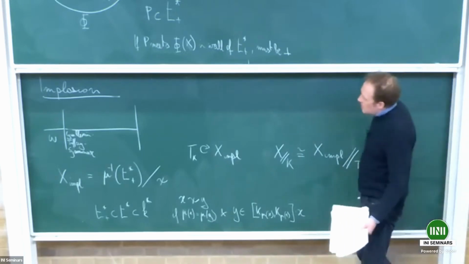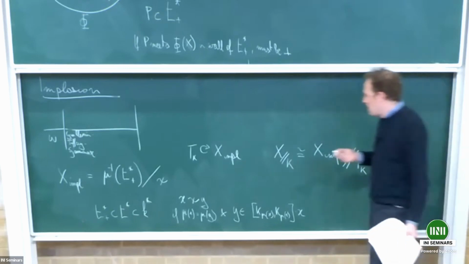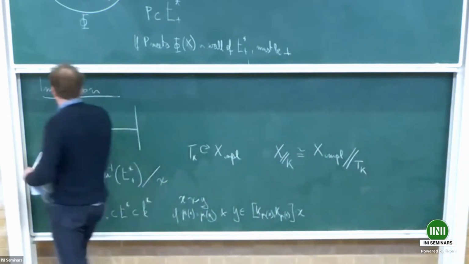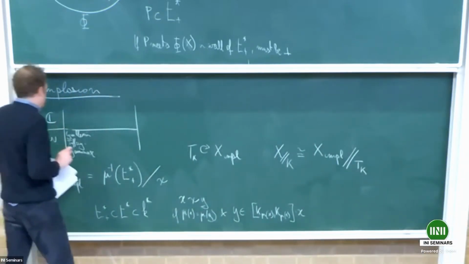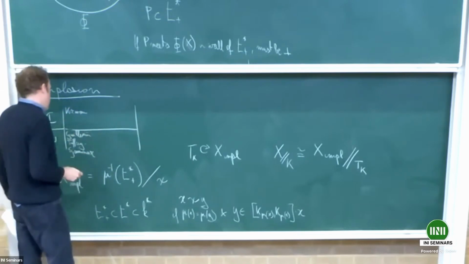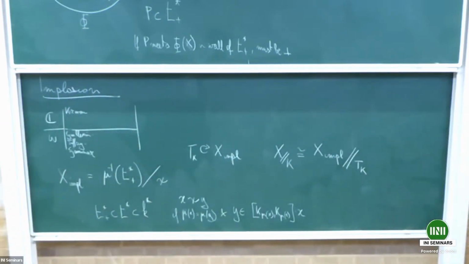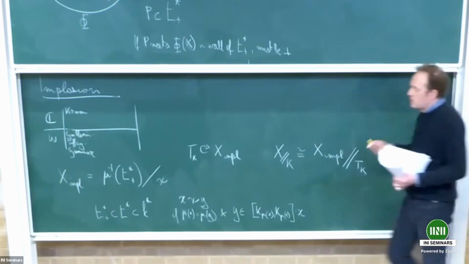So that is the story of the symplectic implosion. Now on the complex side, this can be understood, and this was mainly due to Francis, as non-reductive GIT in the most simple case.